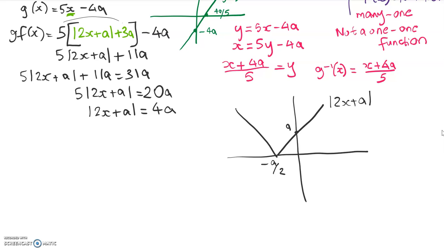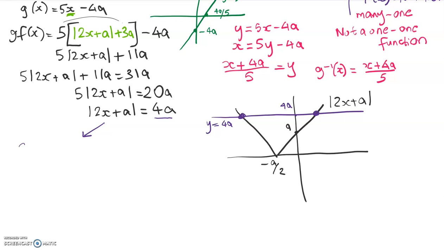And if I drew 4a, which I'll do in a different color, let's see, that's 4a there. You can see that there are 2 points of intersection, one in the positive part of the mod graph and one in the negative part. So let's find those two.